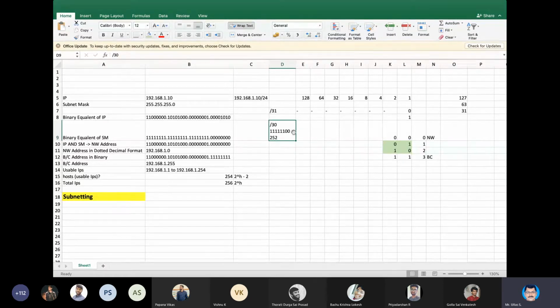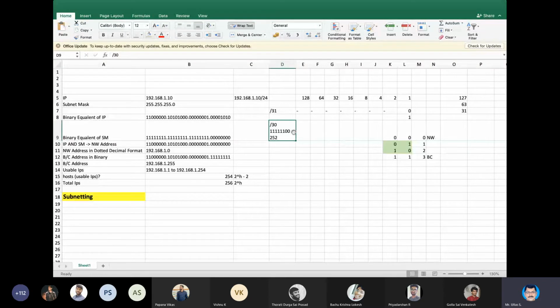If it is the last 3 bits, I have to do 255 minus 7, right? Sorry, 255 minus 7. So that's how I can do quick calculation. 248 I can write.